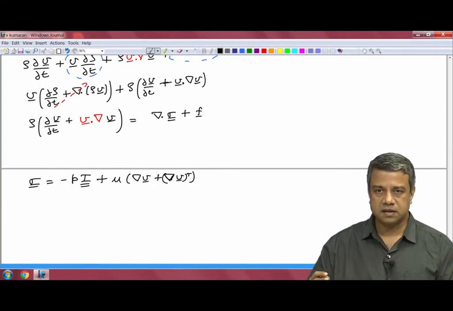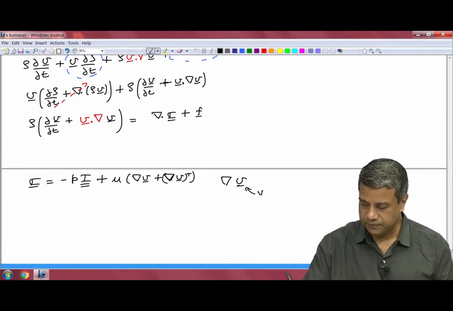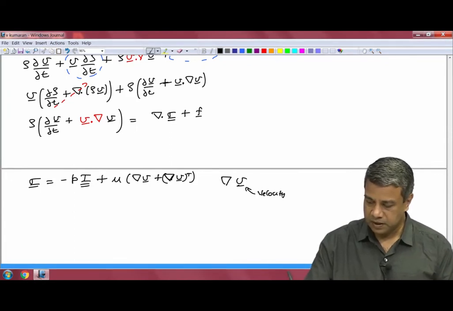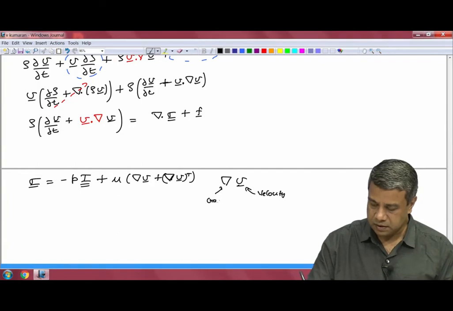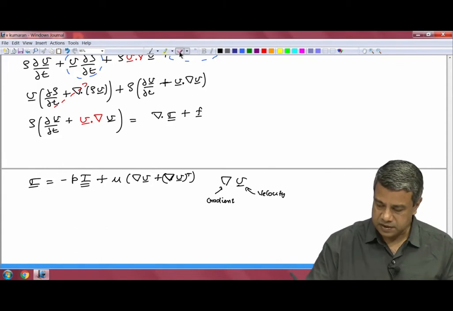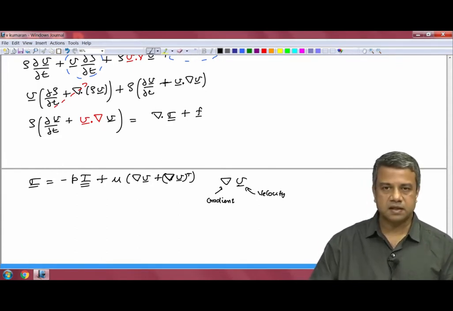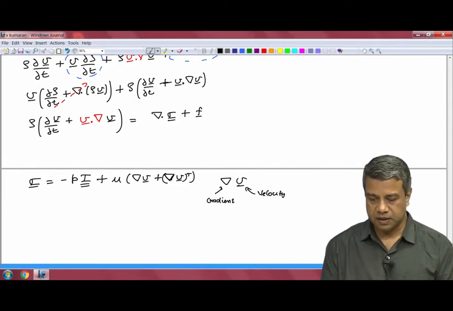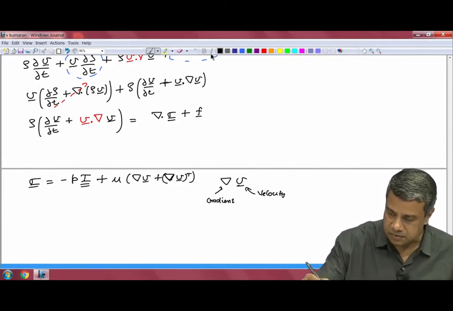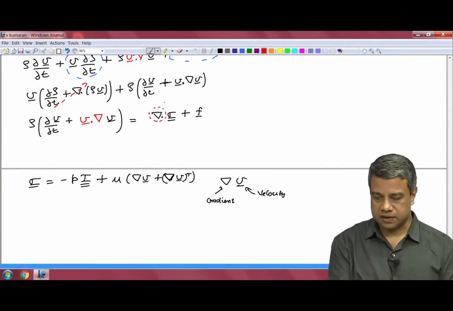The second index is the direction of the velocity vector. In grad v, this is the direction of the velocity vector, and this is the direction of the gradient. Whereas, in the transpose, the first index is the direction of the velocity vector and the second index is the direction of the gradient. And you are taking this dot product with respect to the first index.